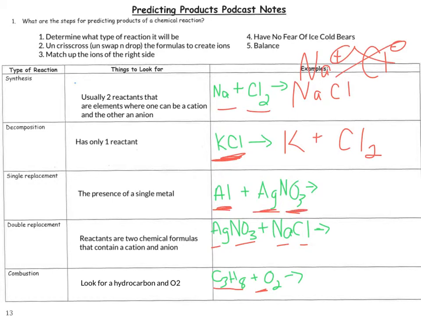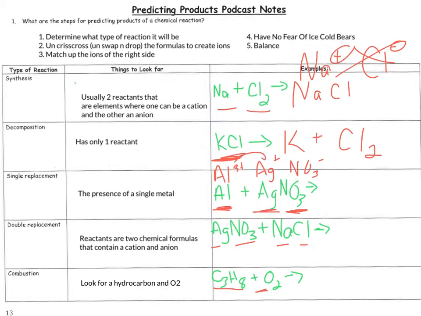A single replacement reaction has 1 metal, and then usually this other part is some sort of metal stuck to some anion. So the first thing I want to do is uncrisscross the charges. I'm going to have silver and nitrate. Nitrate has a negative 1 charge. Aluminum has a 3+ charge. And do you remember the charge on silver? That's right. Silver has a +1 charge.